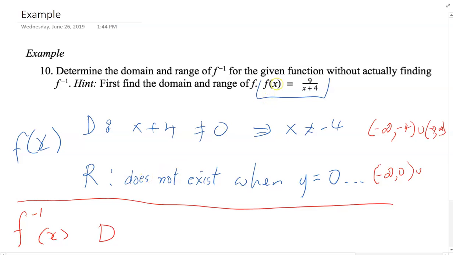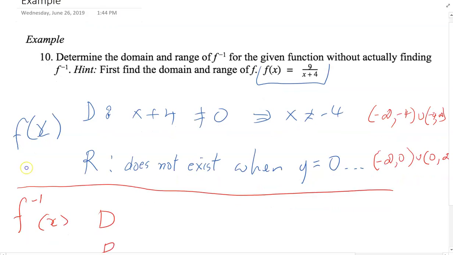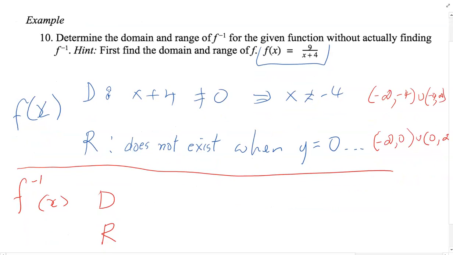And the range itself does not exist when y equals 0. So your range then would be negative infinity to 0 union 0 to positive infinity. Now, what we said about the domain and range of an inverse function was that the domain of the inverse function would be the range of the original function.